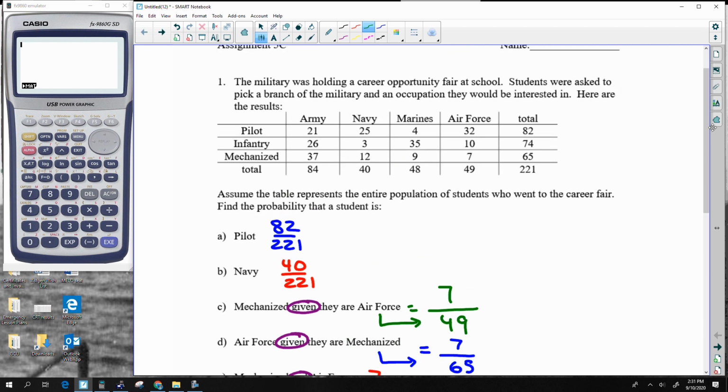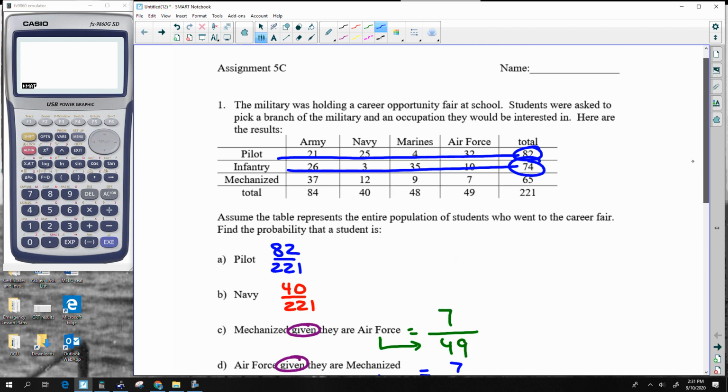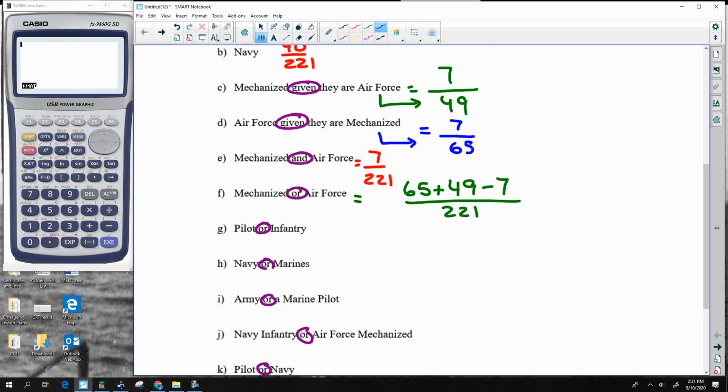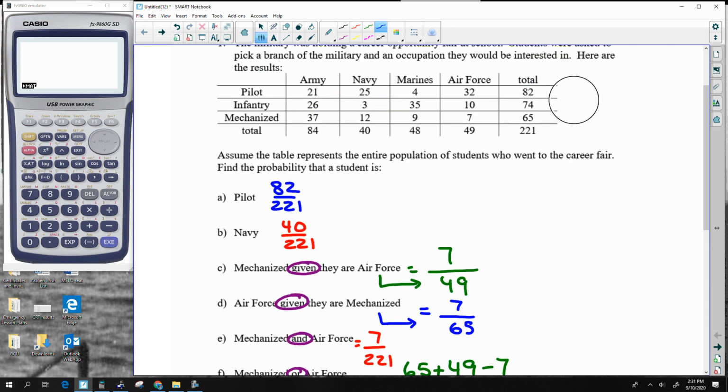Pilot or infantry. So we add the pilots, we add the infantry, and then we subtract off any intersections. We notice that there aren't any intersections. So that's 82 and 74 minus no intersections. Next, we have Navy or Marines.